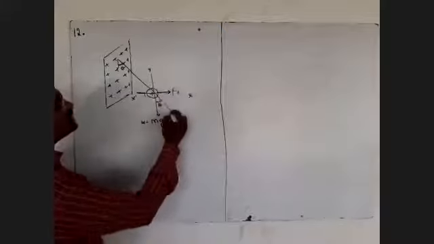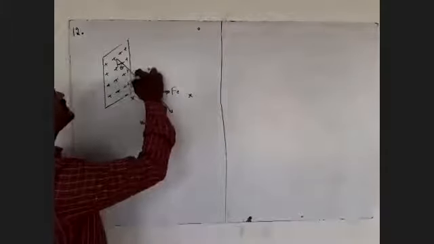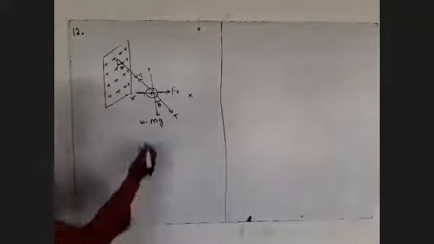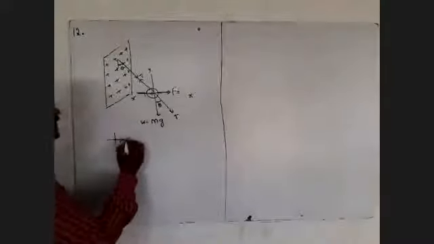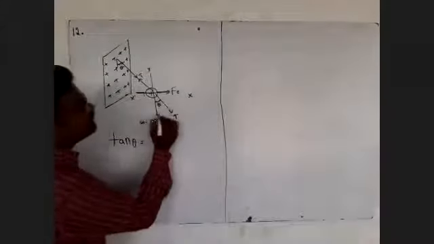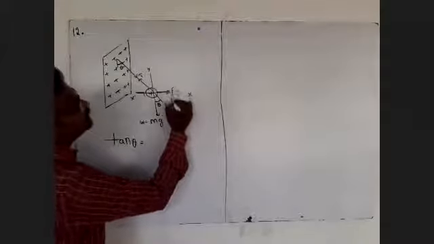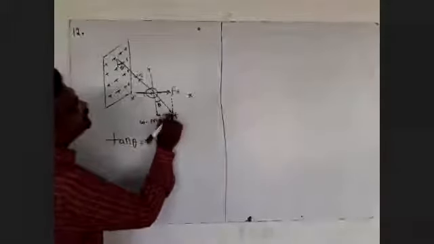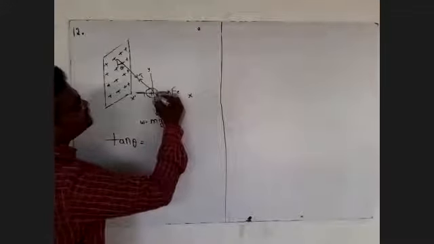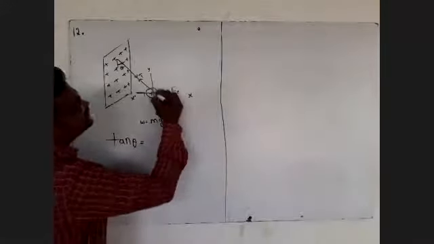This is the electrostatic force. This is the tension. So we can apply tan theta. Tan theta is equal to the opposite side. Here we can form a square. This is the tension, and this line we call the diagonal.